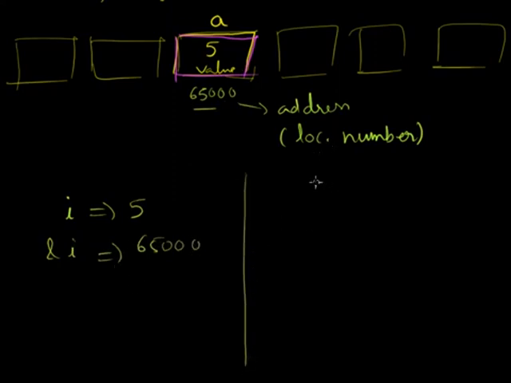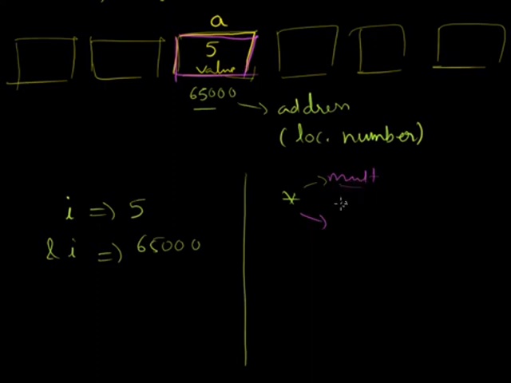Now, like the address of operator, we also have a value at operator denoted by asterisk. Asterisk is also multiplication, but it also performs the function of another operator. It is actually overloaded. It does two functions based on the context.